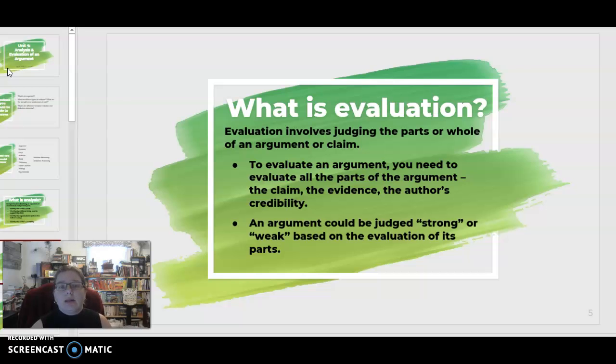Is the author biased or not? Does the organizational pattern that they've used make sense for this kind of material? So we are going to look at all of those pieces and then we're going to evaluate them. And by evaluating all of the pieces, we will eventually be able to evaluate the whole of the argument itself to determine whether or not it's a strong argument or a weak argument.